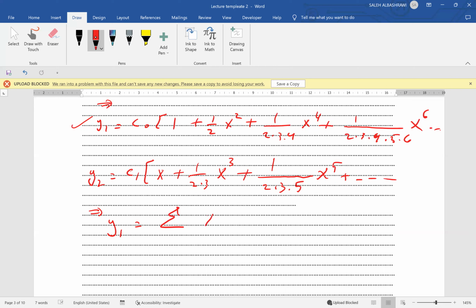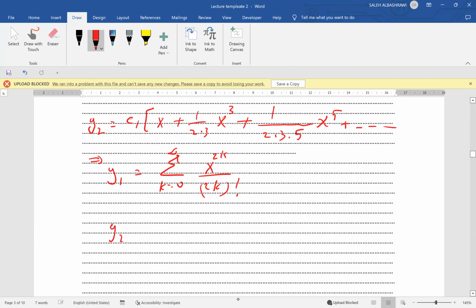So y1 is the sum of x to power 2k over 2k factorial, where k starts from 0 to infinity, and y2 will be the sum where k starts from 0 to infinity, but this time it is x to power 2k plus 1, I have odd numbers, divided by 2k plus 1 factorial.